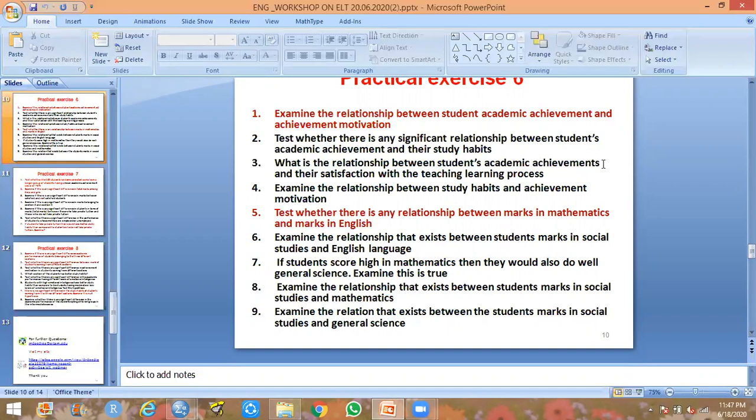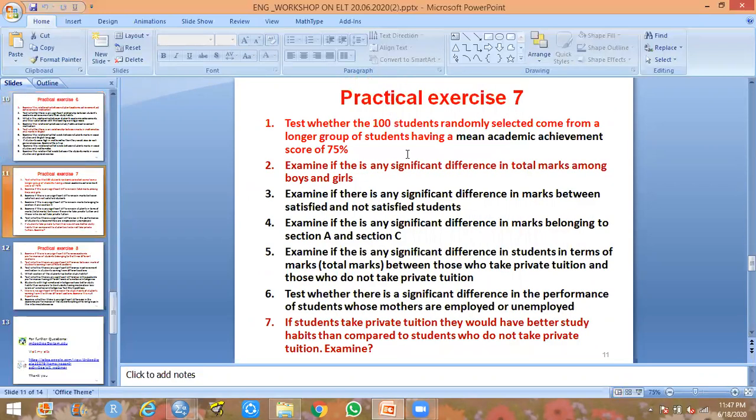In this slide, the first hypothesis is to test whether the 100 students randomly selected come from a larger group, a population of students having a mean academic achievement score of 75%.